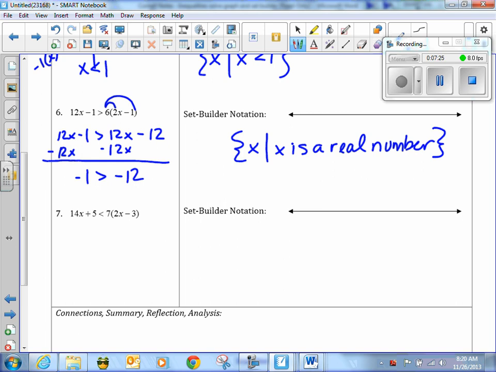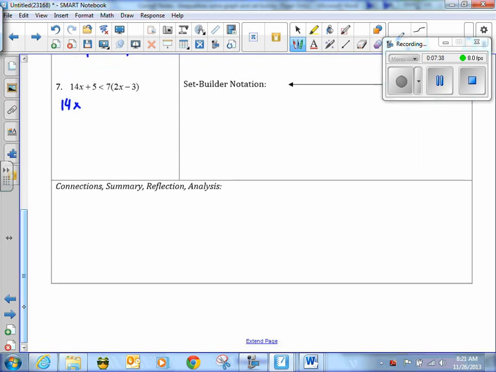Okay, finally, we have 14x plus 5 is less than 7 times 2x minus 3. First of all, we want to distribute, and I have 14x plus 5 less than 14x minus 21.